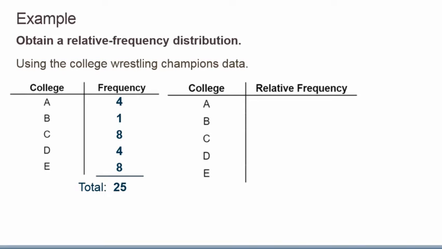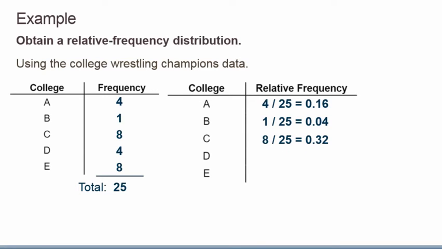Now to find the relative frequency, I have a column for college. A, B, C, D, and E are listed. Then I have a column for the relative frequency. The relative frequency is the frequency of the college divided by the total frequency. So for college A, we have 4 divided by 25, which gives us 0.16. For college B, we have 1 divided by 25, which gives us 0.04.